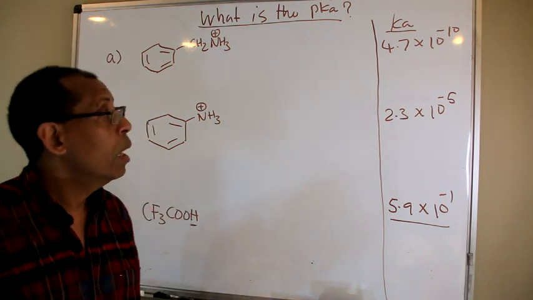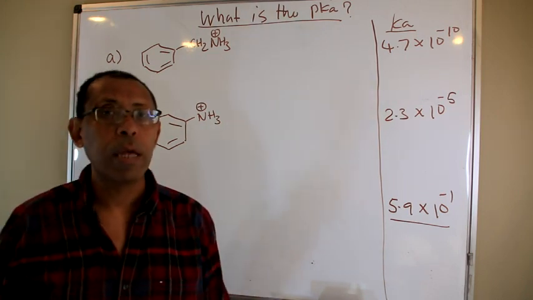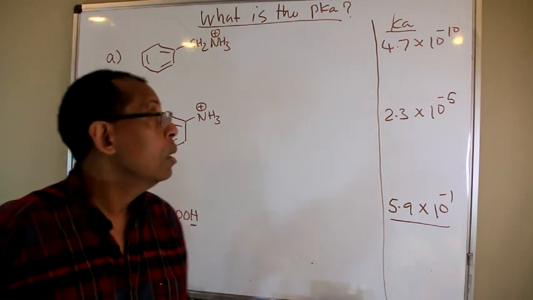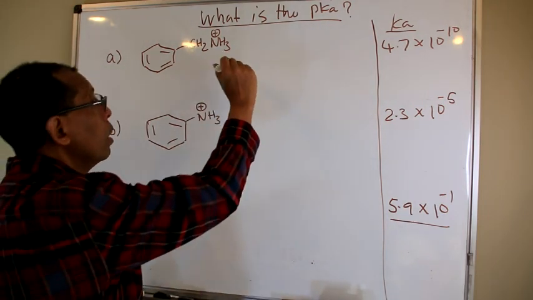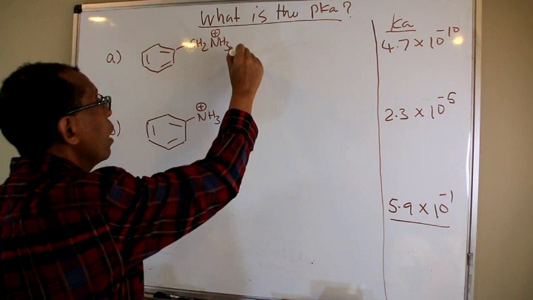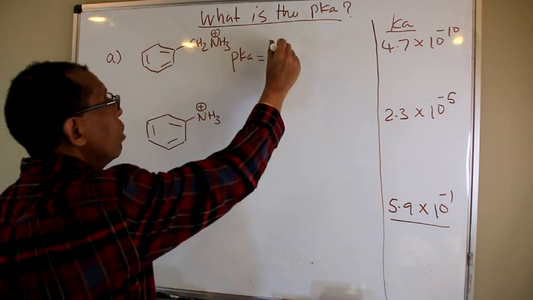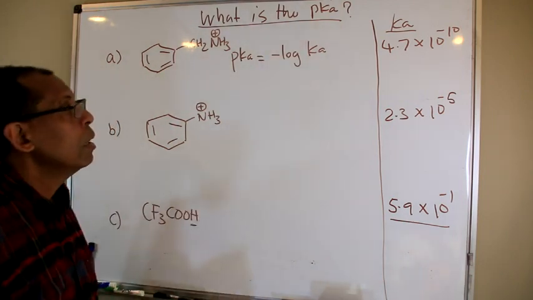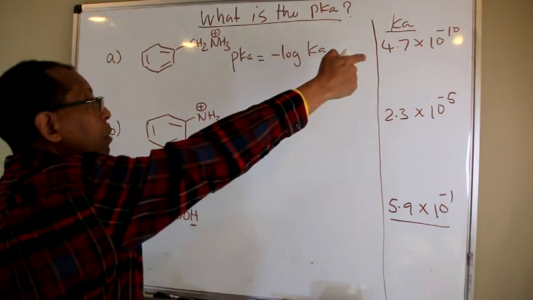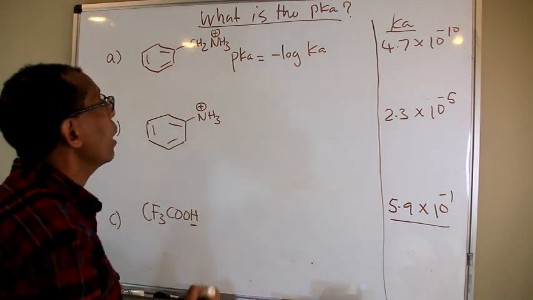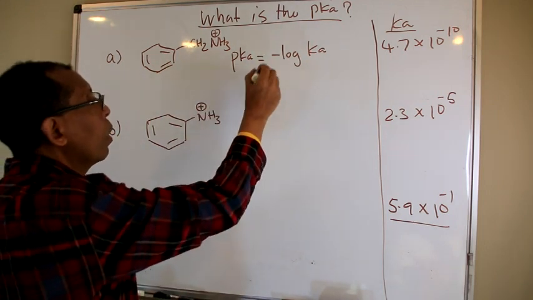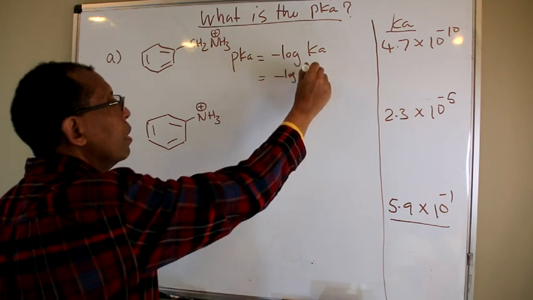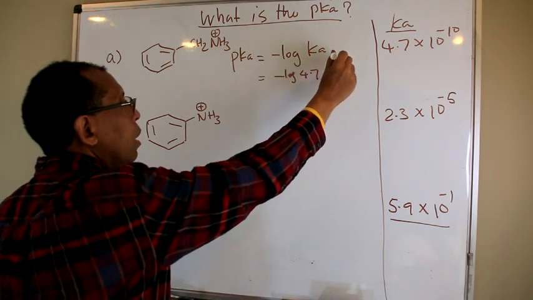But in any case, the problem also asks you to calculate the pKa value, which is a very easy mathematical manipulation, where pKa equals the minus log of the Ka for all of them. Therefore, for compound A, the pKa value equals minus log of 4.7 times 10 to the minus 10.